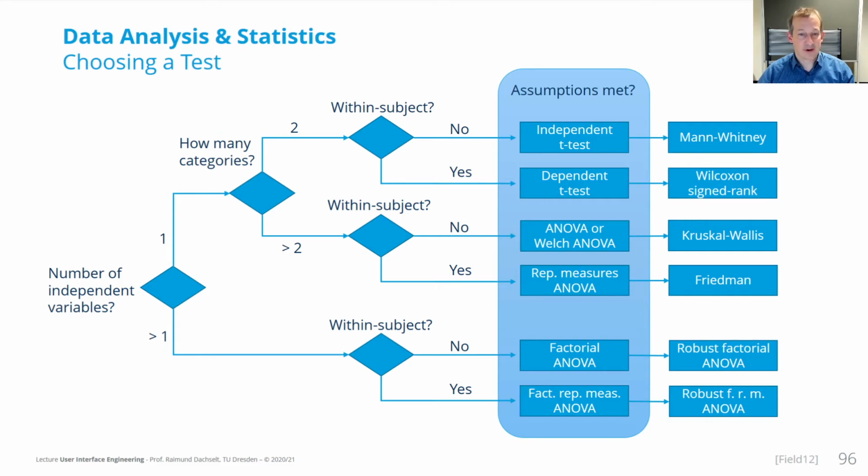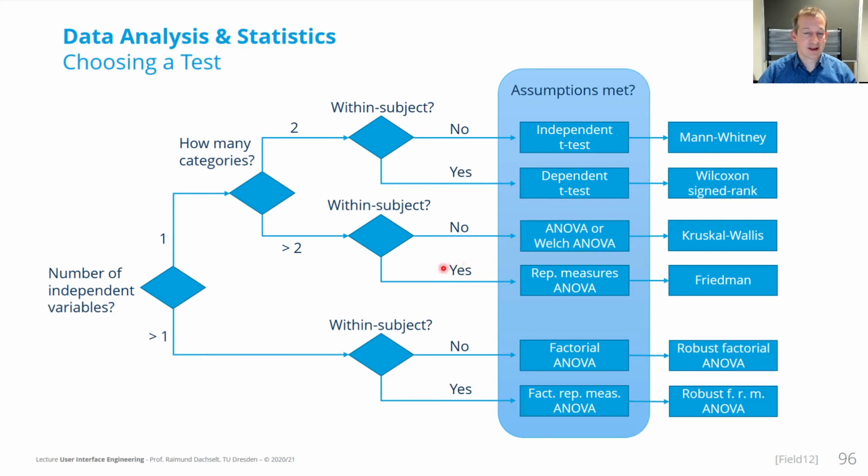Or if you have more than two categories, say 3 mice or 5 interaction techniques, if that is the independent variable, then again we make a difference: is it between subject? If it is between subject, we can do ANOVA or Welch ANOVA.